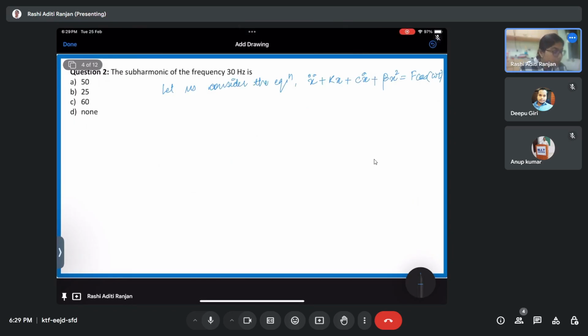Now, talking about what is this? So this is essentially a Duffing oscillator, right? With x square nonlinearity, and it has a forcing function f cos omega t, right?